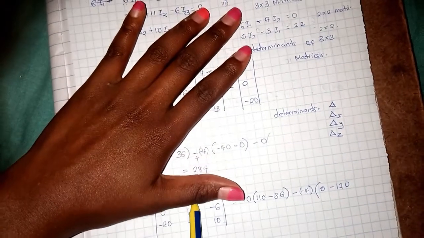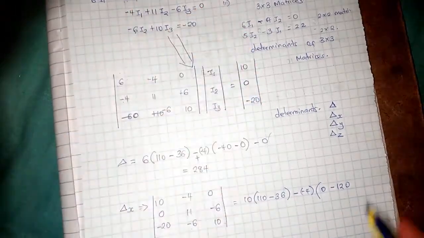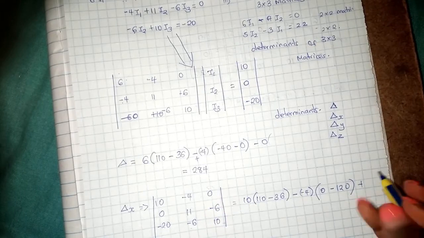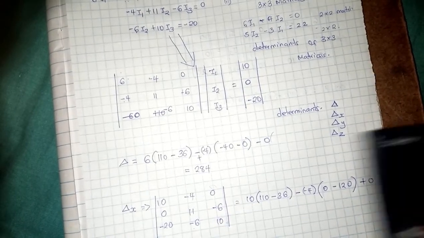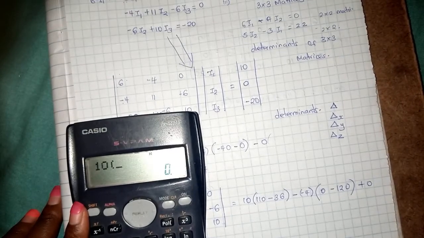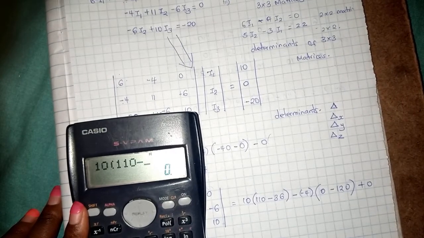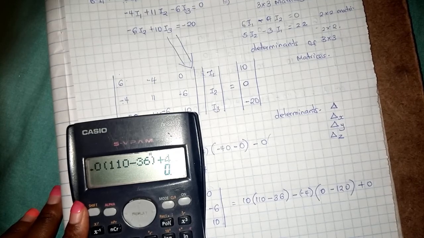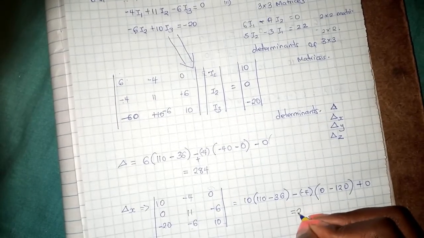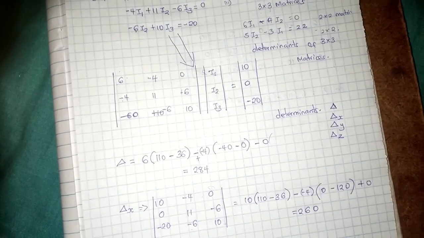So it's positive 120 plus, if it's 0 it will always be 0. Okay, so then we find 10 into 110 minus 36 minus, which is positive 4 into negative 120, you have 260. So this is 260.